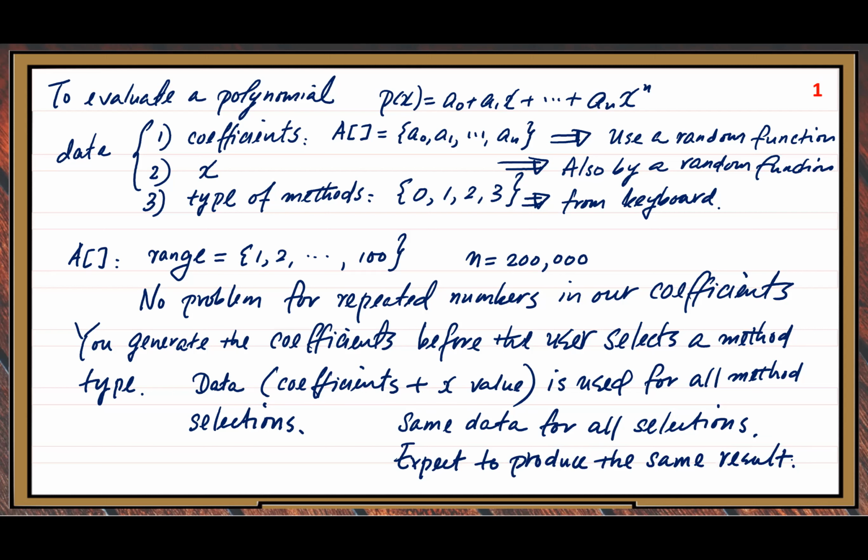If you see, for example, when you run three methods, you generate three output numbers for the polynomial values. If you see some of them are different, then there must be an error.